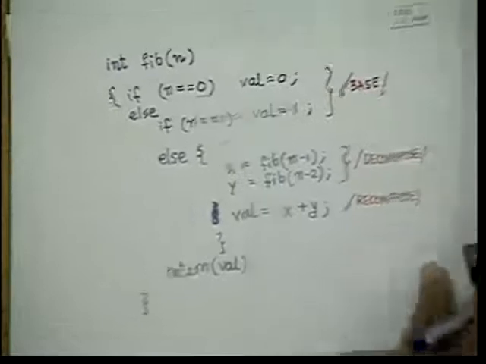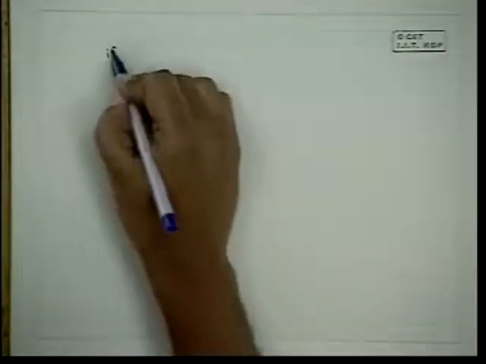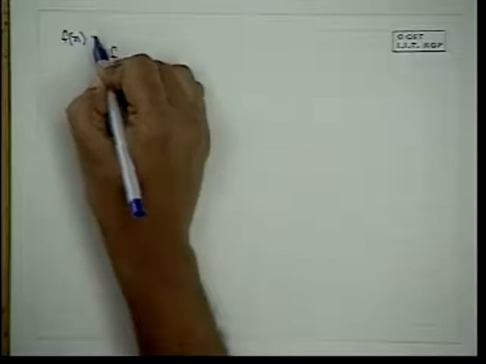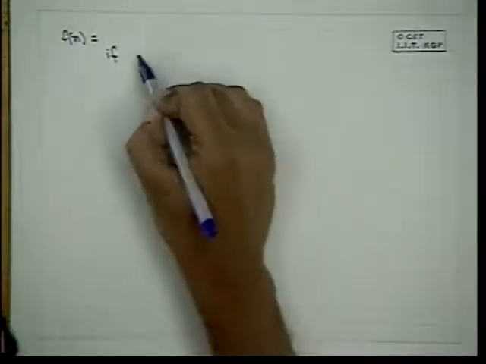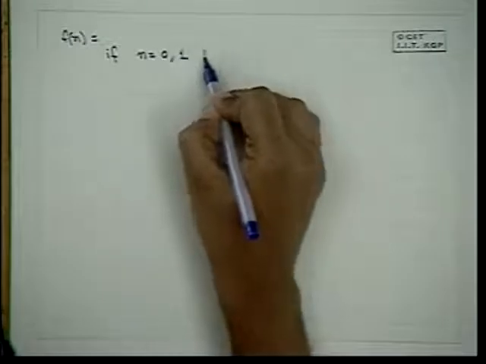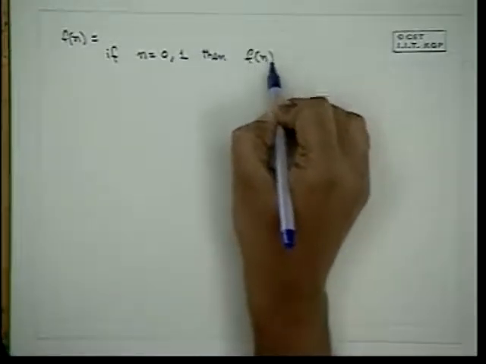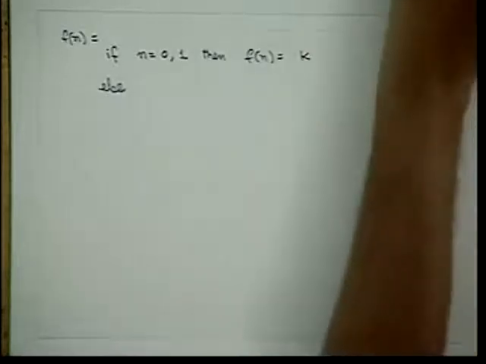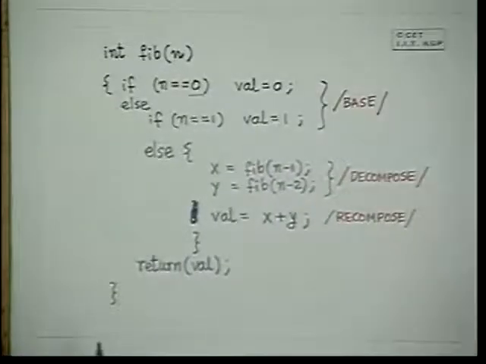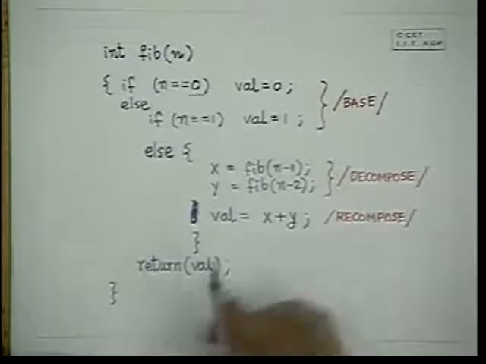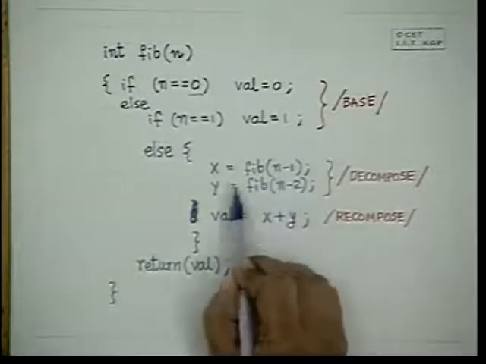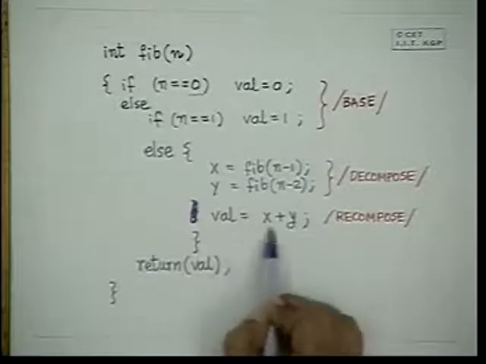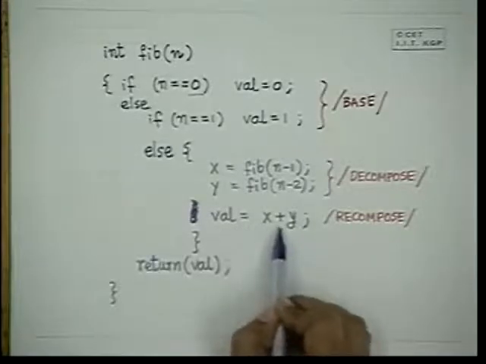What? So we have been able to say for Fibonacci numbers, Fn is equal to, let us write it out like this. If n is equal to 0 or 1, then Fn is equal to constant k, order 1. Else, what? It is the time to do this plus the time to do this plus another constant, which is say 1.